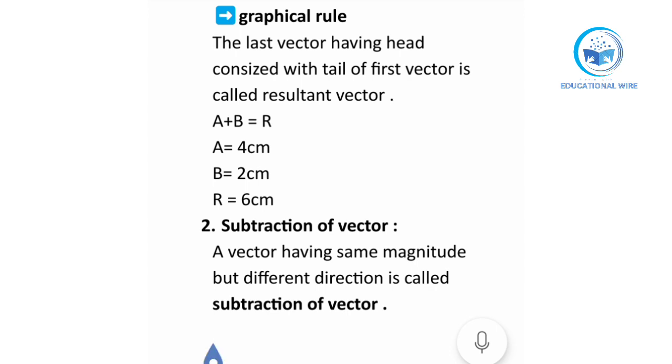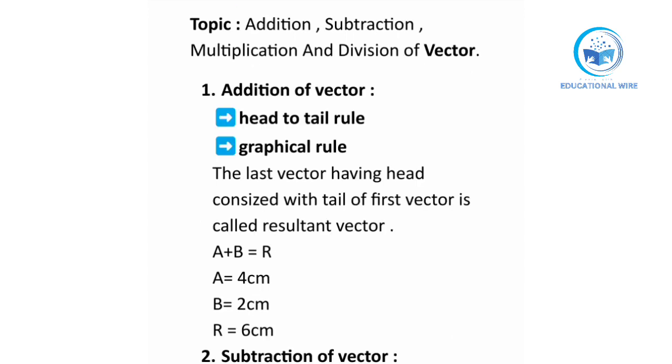How? So let's take an example over here. Likewise, in the first one we had direction and magnitude, and both were changing. So in this one magnitude will remain the same but direction will be different. How?